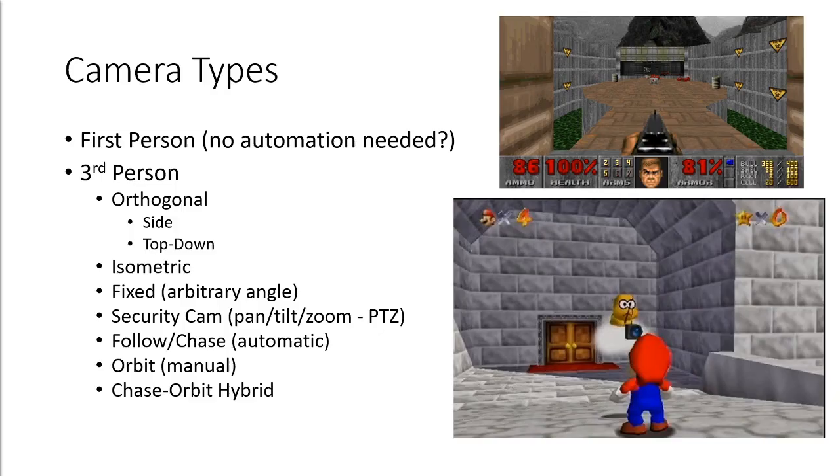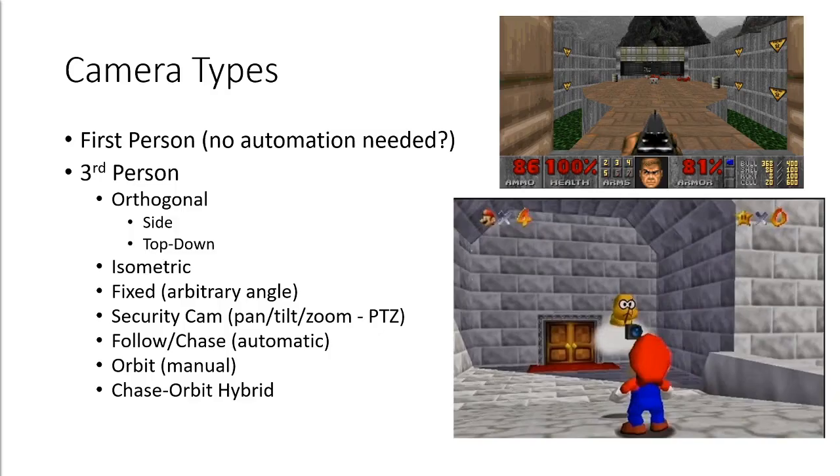There's also isometric view. This is where you have a mixture of the top and side down, so you can see more of the environment, but otherwise a fixed angle. You can have other arbitrary fixed angle positions as well.